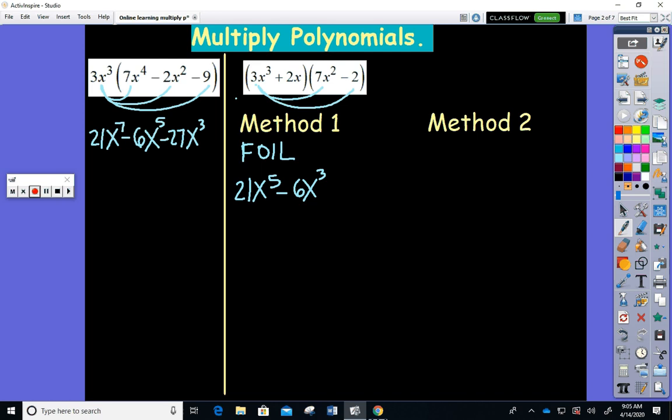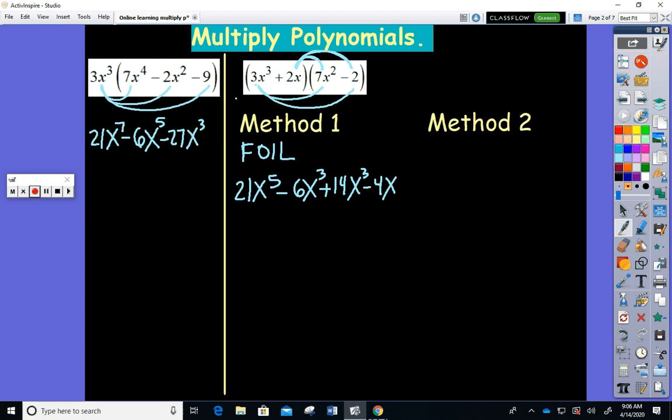So then the IL part corresponds to you doing 2x times first, 2x times second. So 2x times first here is plus 14x cubed. That corresponds to inner. 2x times second is minus 4x, and that corresponds to last.